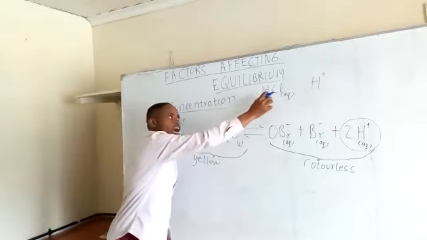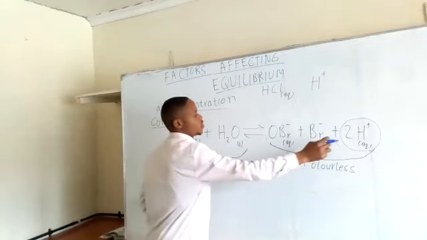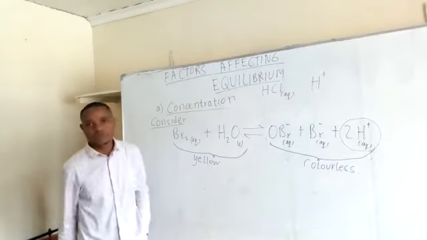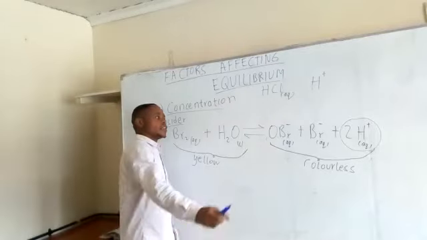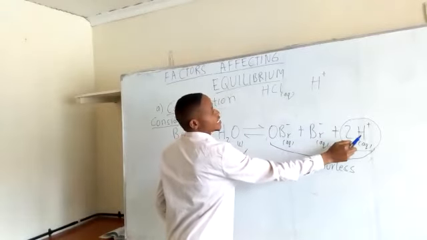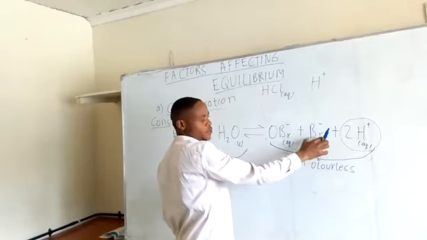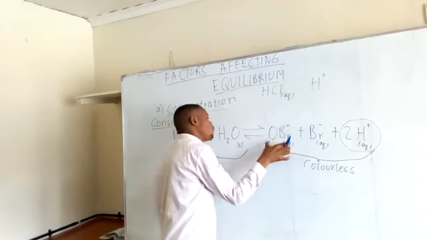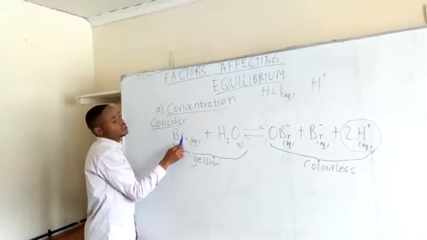So once we add HCl to the system, the concentration of the hydrogen ions increases, and that will affect the position of the equilibrium. Those excess hydrogen ions will therefore have to react with the bromide ions and the hypobromide ions to form both water and bromine liquid.